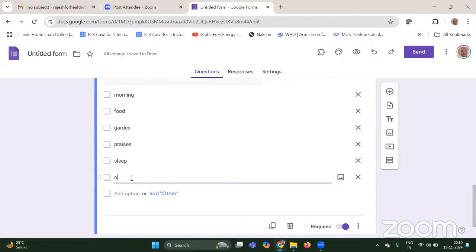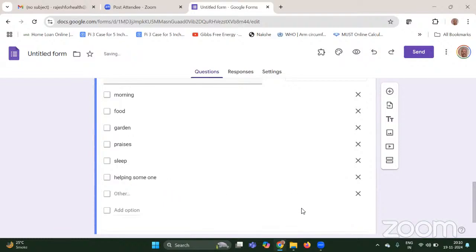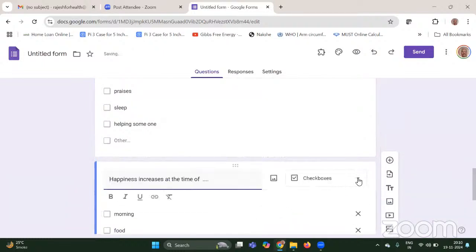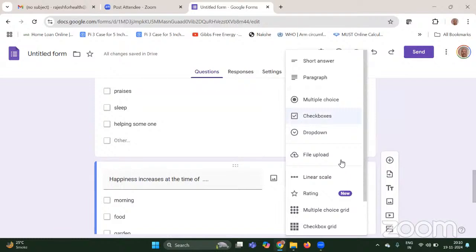Or even you can say that helping someone. Right? This is okay. So you can go on adding such questions, and you can choose check boxes, multiple choice.